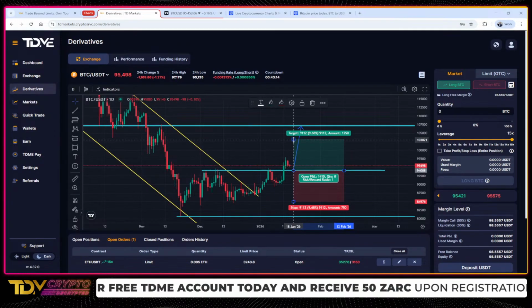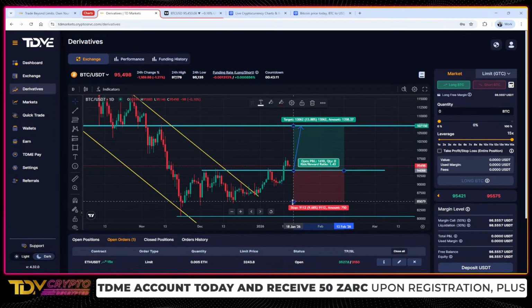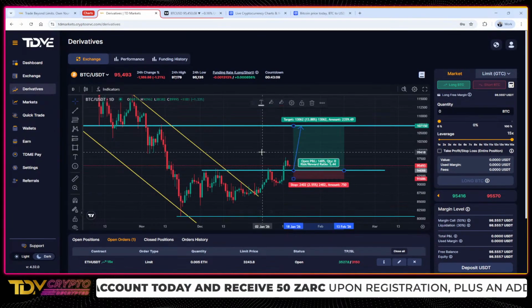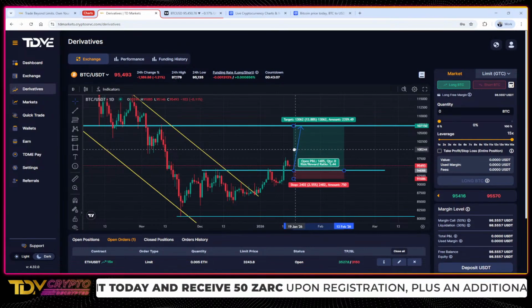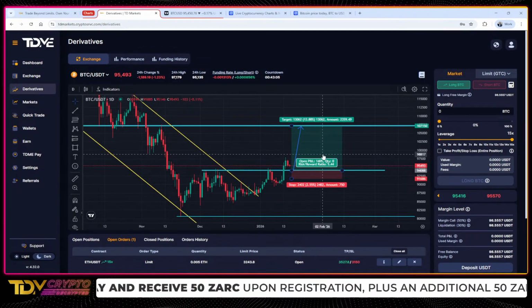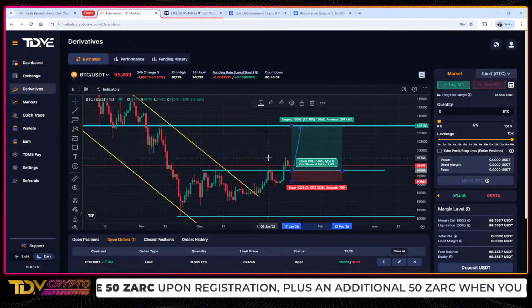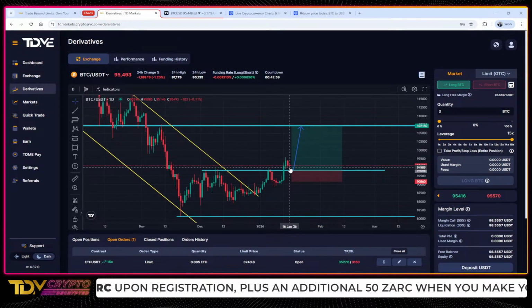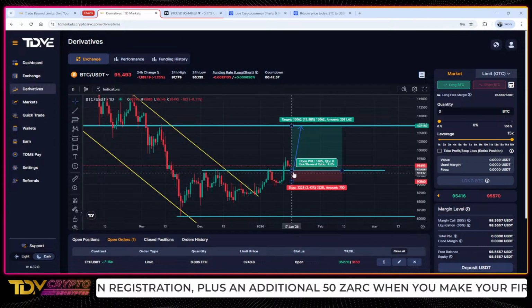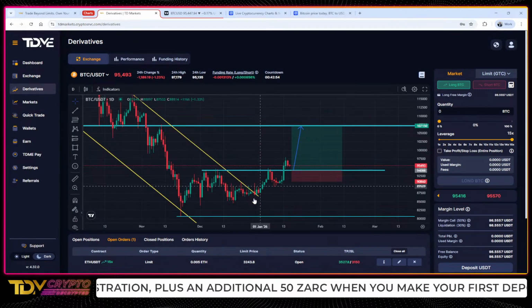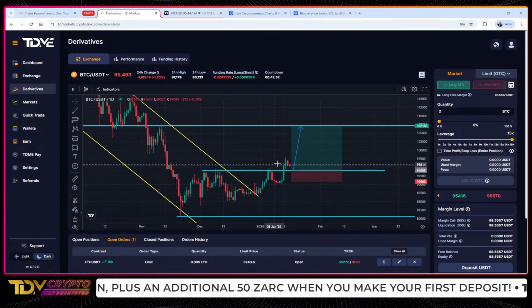So it could be something like this. That is one possibility, right? What Bitcoin can do. And that could be a nice risk and reward ratio, like 1:5. All right. So if we can get a retest of this, then we'll be looking for a push towards the upside.